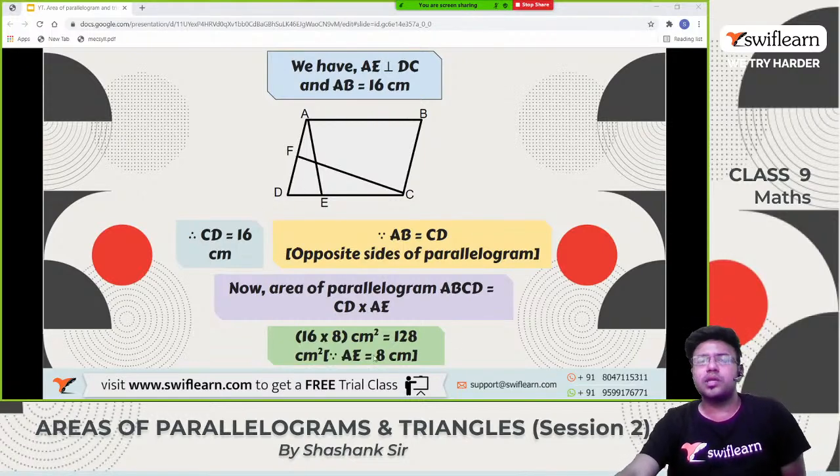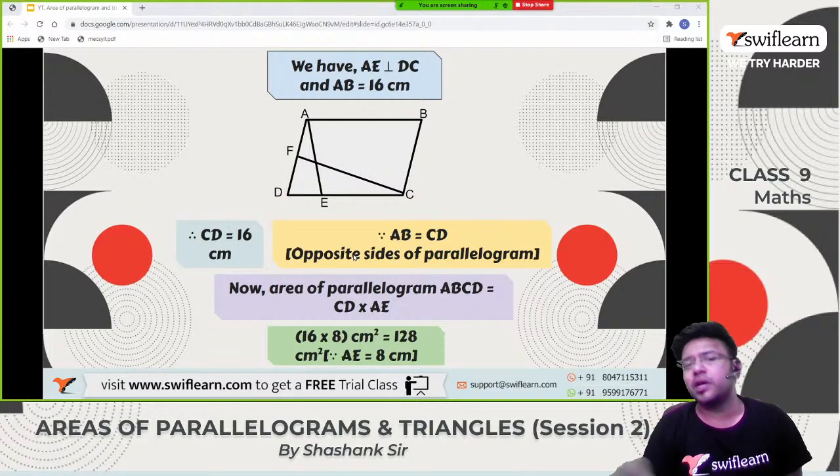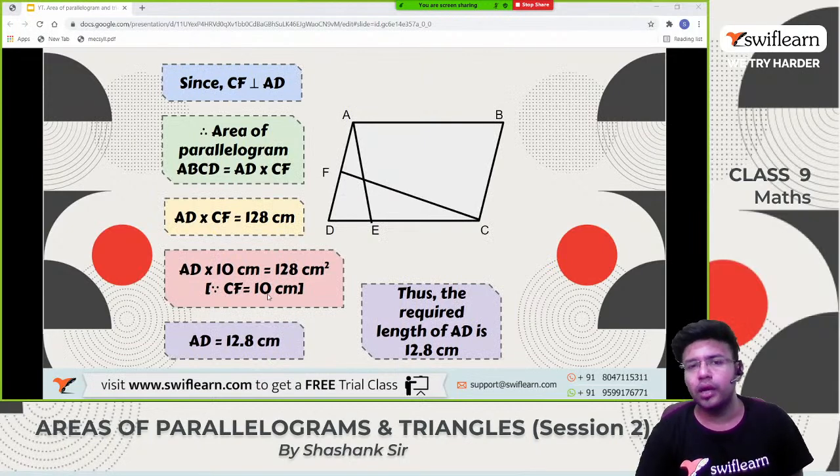Now see here. Area of the parallelogram is given by the base, AB is equal to DC, so both are 16. So 16 into the perpendicular distance, that is 8. So the area is 128 centimeter square. That is the area of parallelogram ABCD. Now use this area to equate with the other altitude and base. So 128 is equal to CF into AD.